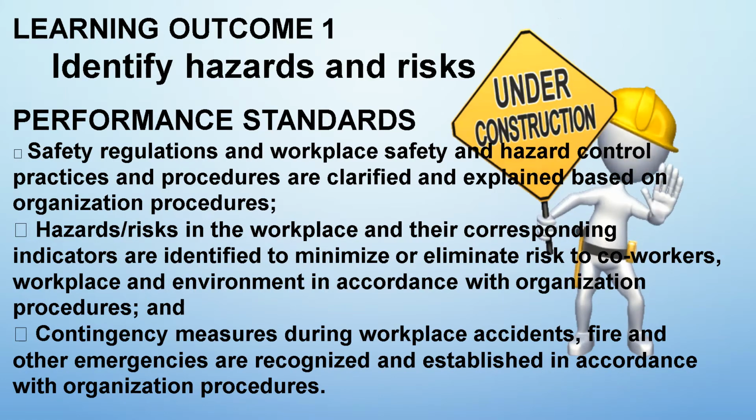And lastly, contingency measures during workplace accidents, fire, and other emergencies are recognized and established in accordance with organization procedures. Okay, those are our 3 performance standards for this morning.